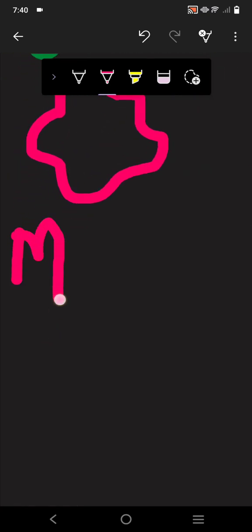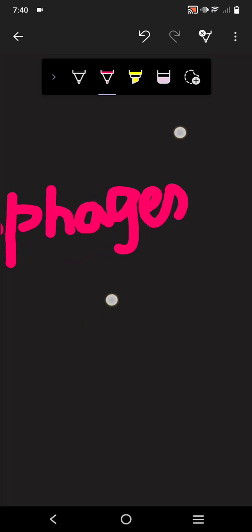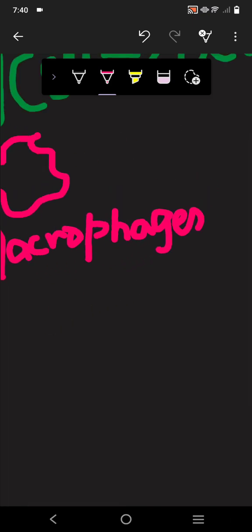We know that the macrophage is an APC, an antigen presenting cell, which means it has both MHC1 and MHC2.